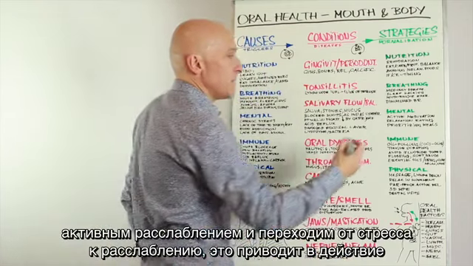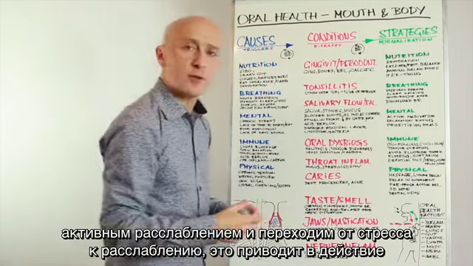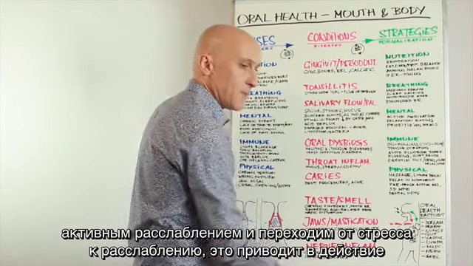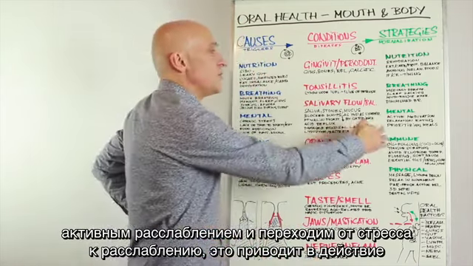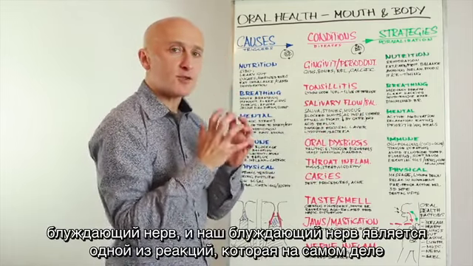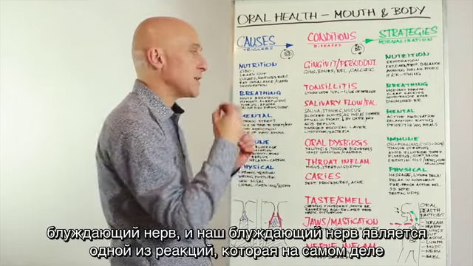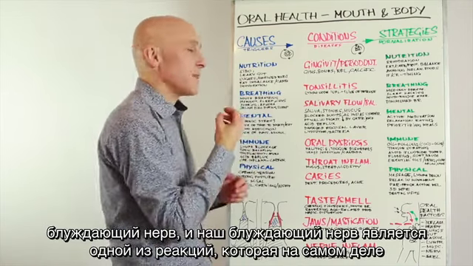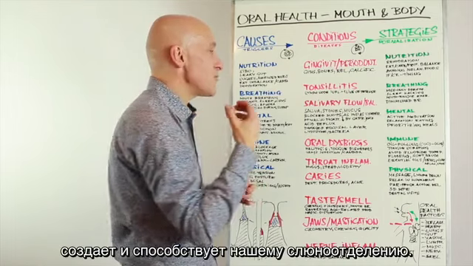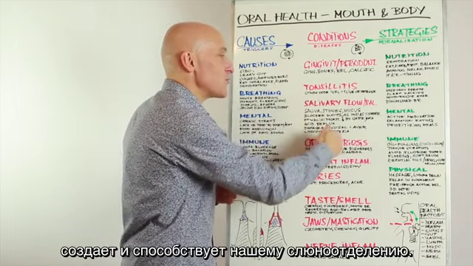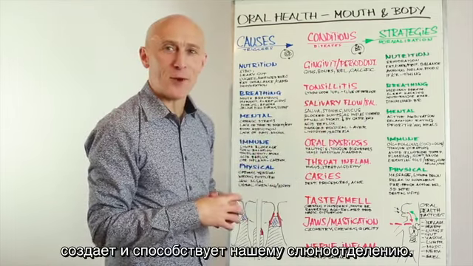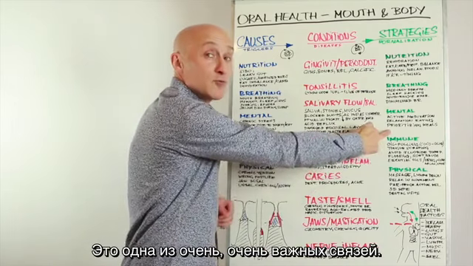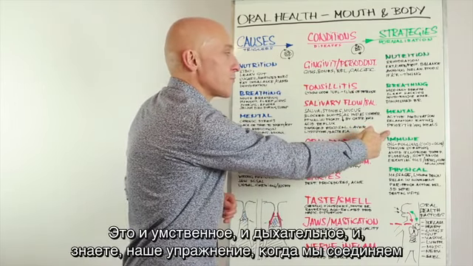When we work with the active relaxation and we move from stress to relaxation, that triggers the vagus nerve. And the vagus nerve is one of the reactions that actually promotes salivary flow. That's one of the very, very crucial things here.